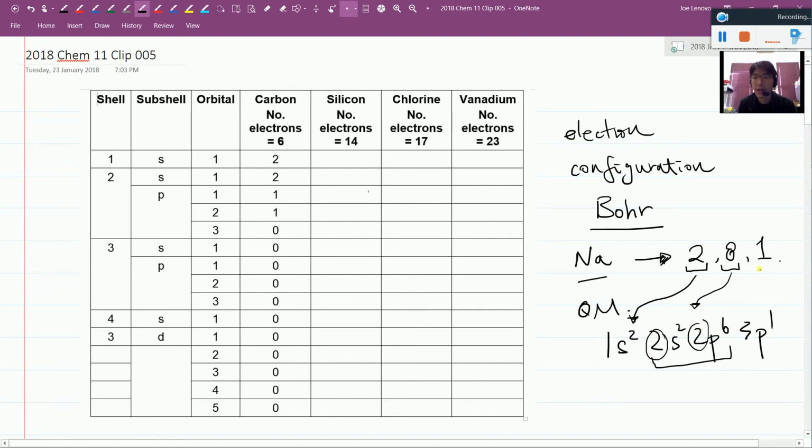When n equals 3, you expect that you should have 3 subshells. Sorry, not p, there's something wrong here. There's supposed to be 3s first, 3s1, and then we have 3p and 3d. But because we only have one electron there, we only do this 3s1 at the end of it.